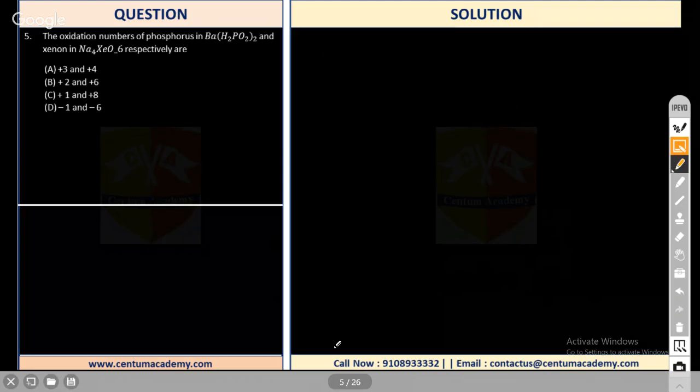Solve this one. The oxidation number of phosphorus in this compound and xenon in this compound. Oxidation number.